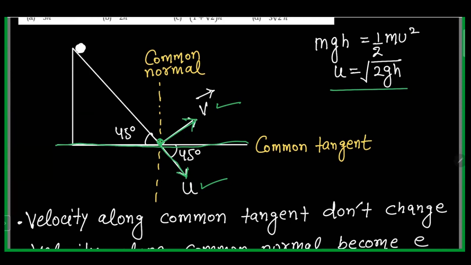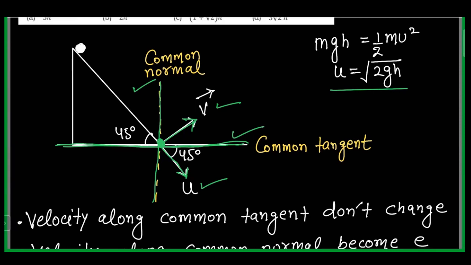If we see the common point and make the tangent at that point, that will be your common tangent. This is your common normal. The normal to the common tangent is known as common normal. So the tangent to both is the common tangent and the normal to both is the common normal.